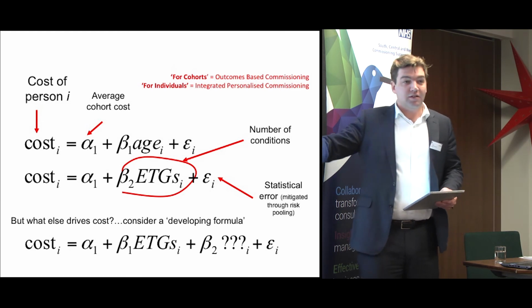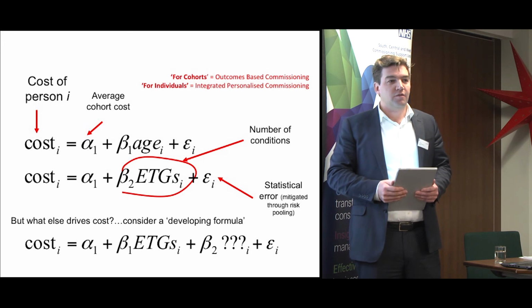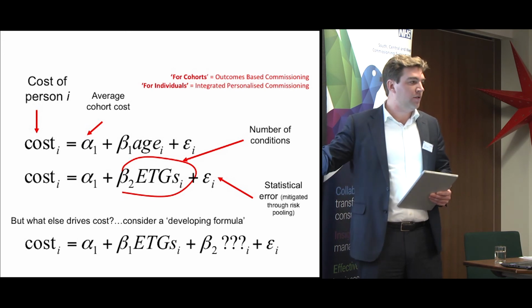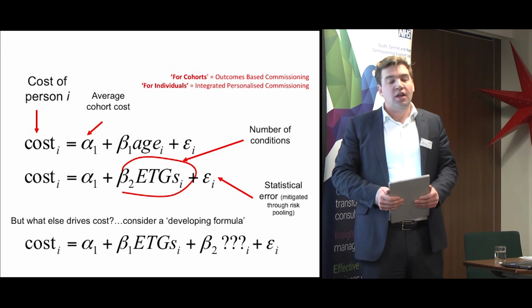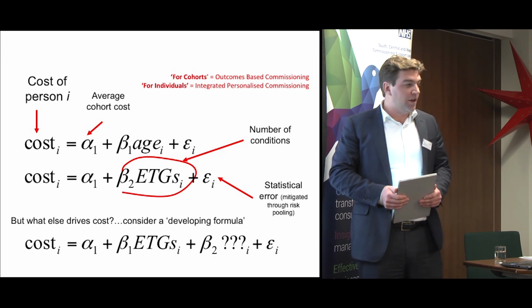So I hope you can see now how the analysis that we're doing with the integrated data is going to inform real decision making, and we're going to link it to the CCG strategy to incentivise the behaviour that we would like from accountable care organisations.